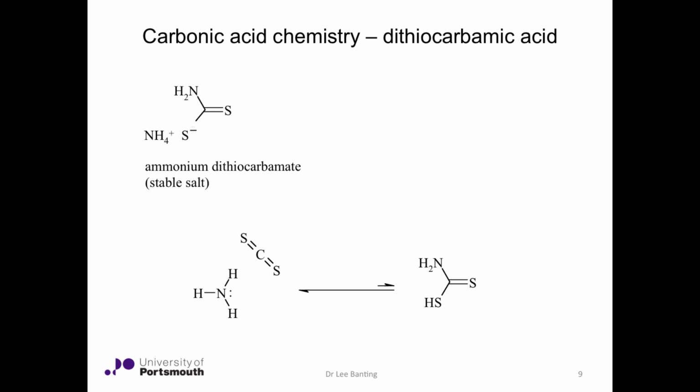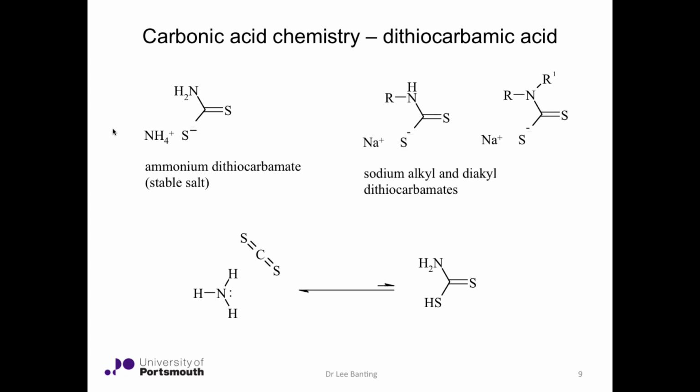And dithiocarbamic acid is not particularly stable, just like carbamic acid, but we can stabilize the carbamic acid by trapping it as a stable salt. In this case, if we reacted this system with excess ammonia, we would trap it out as ammonium dithiocarbamate. So this is relatively easy to synthesize from this chemistry if we have sufficient ammonia.